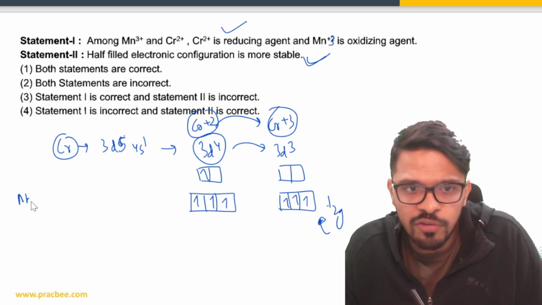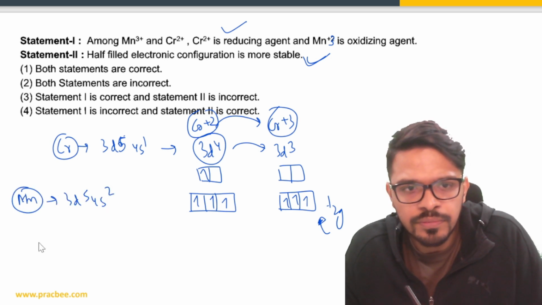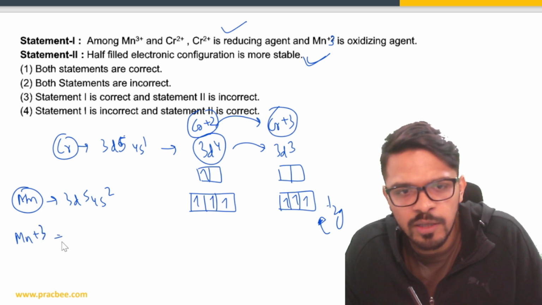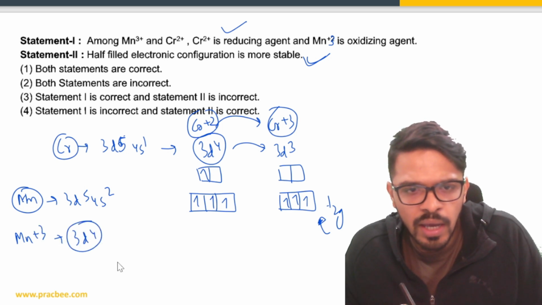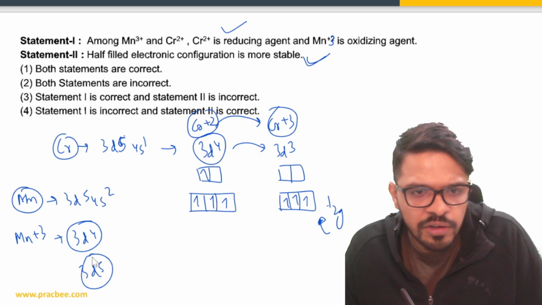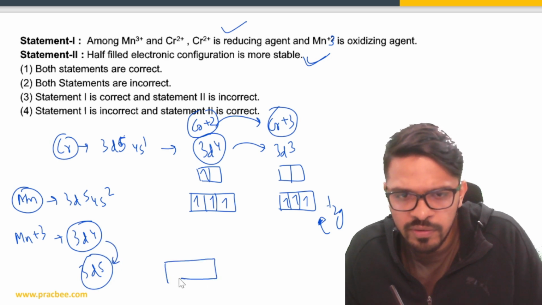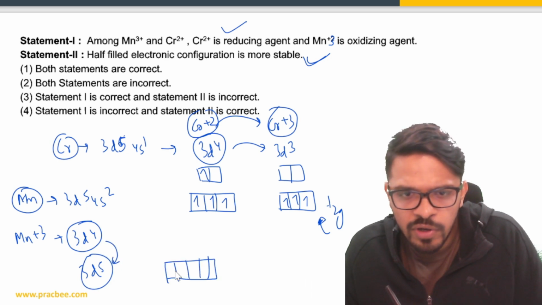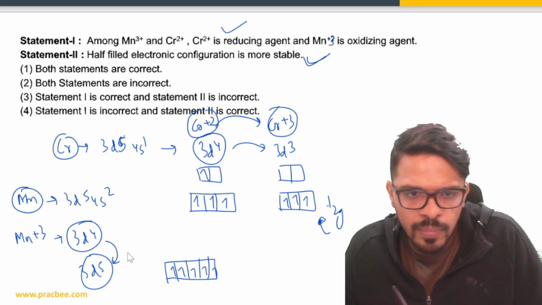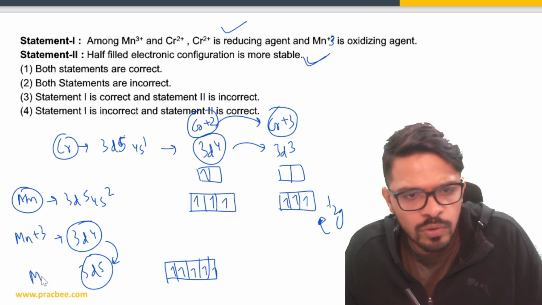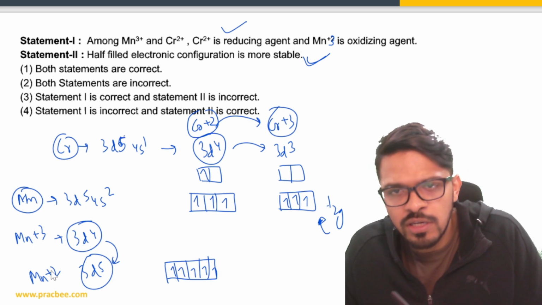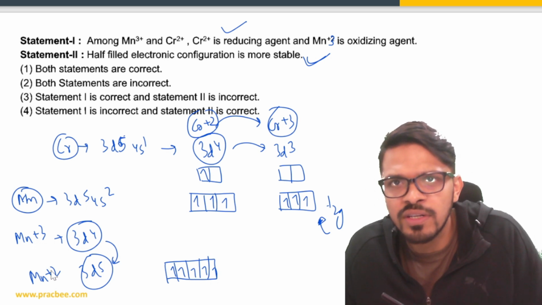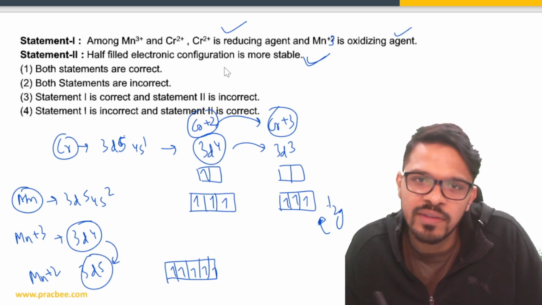Mn is basically 3d5 4s2. Mn+3 would be 3d4, and we would want this to go to 3d5 because d5 is a half-filled configuration. So Mn+3 wants to go to Mn+2, meaning Mn+3 wants to reduce itself. If it is reducing itself, it will act as an oxidizing agent.